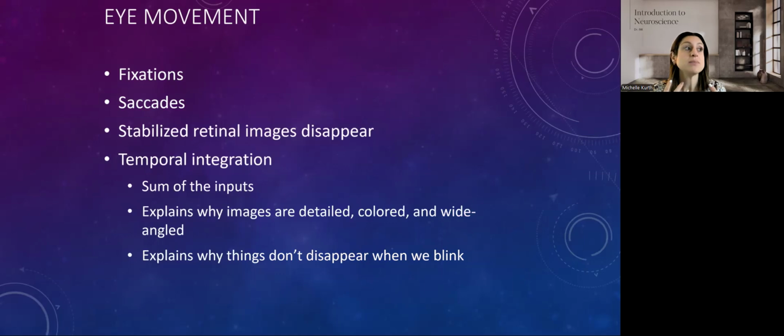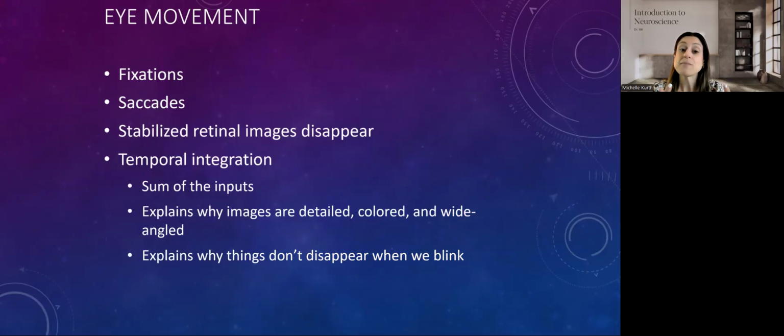We talked a little bit about action potentials, excitatory postsynaptic potentials, and inhibitory postsynaptic potentials, and it's no different here. Our neurons are firing, and action potentials are taking place constantly. What we perceive at any instant of these eye movements is the sum of the input received during the last few fixations.